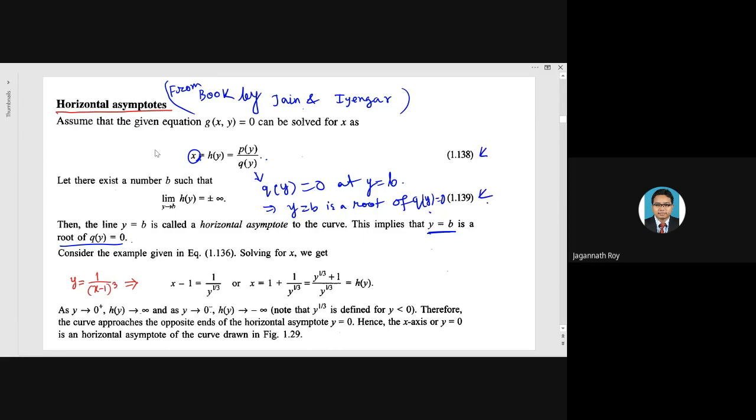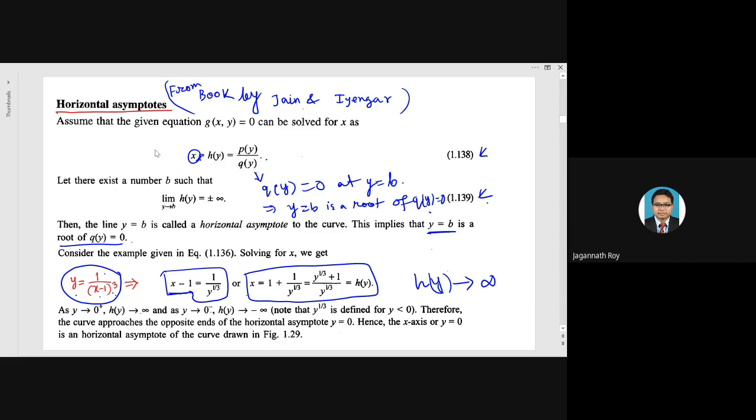But the concept is, if you think about the same graph we discussed, y equals 1 by (x minus 1) whole cube, this can be rewritten in this form. Then the target is to make the function go to infinity.